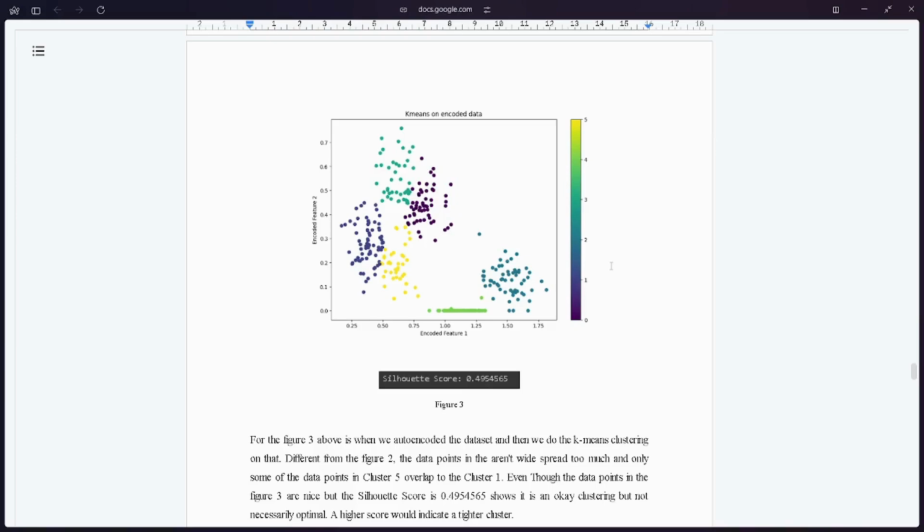Even though the data points don't overlap and the distribution between data points isn't too messy or too wide, the silhouette score we got here, which is 0.495, shows that it is an okay clustering, but it isn't necessarily optimal at all. So we can do something to make it more optimal, to get a tighter cluster than this.